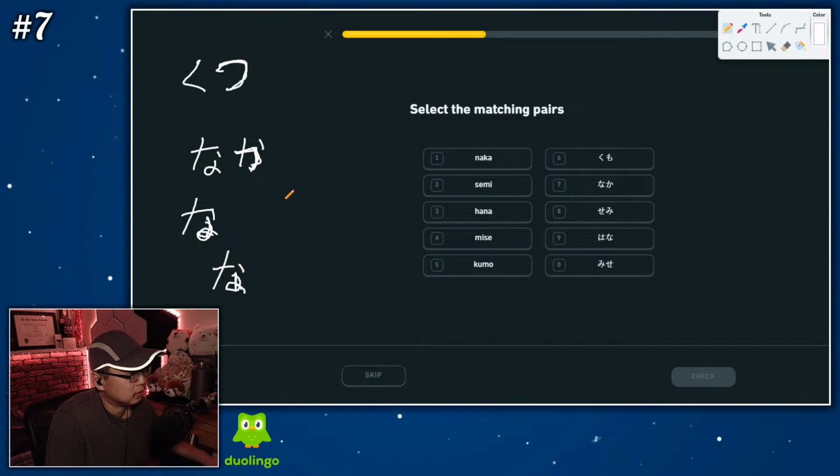I keep wanting to curl like a lowercase cursive A. Na. Say me.